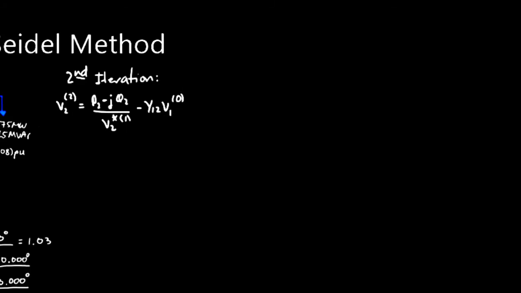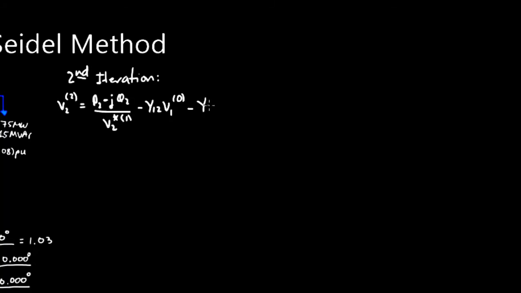Again, V1 is the voltage at the slack bus, so that's not going to change, so I can always use the initial voltage because that's going to be the same as the iteration 1, 2, 3, 4, and 5. That's going to remain constant. And then minus Y23 V3 of 1.